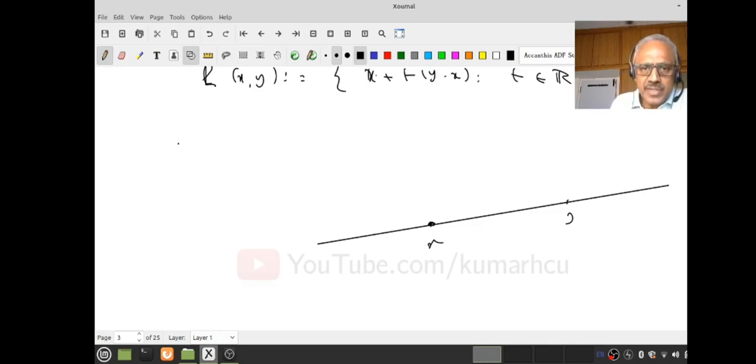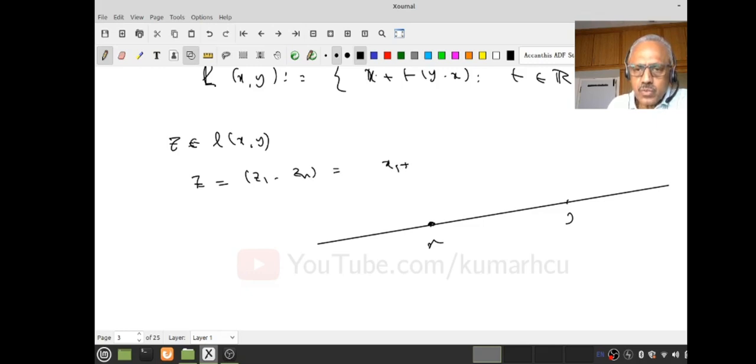Suppose I take a point z on this line xy. Then I can write z as (z1, z2, ..., zn), which is of the form (x1, ..., xn) plus t times (y1 minus x1, ..., yn minus xn).